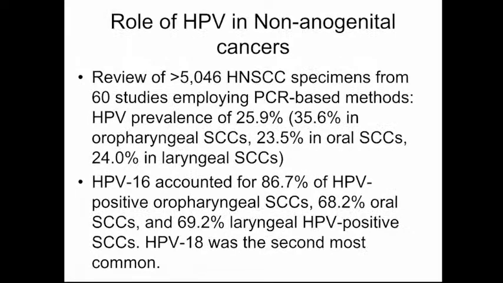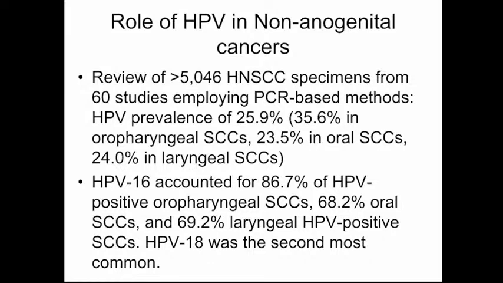What about cancers from other places, not anogenital cancers? There is a lot of literature to support that HPV is important particularly for head and neck squamous cell carcinomas. Over 60 studies used PCR-based methods. In such meta-analysis studies, you collect studies that have used similar methods so that you're not comparing mangoes and oranges.